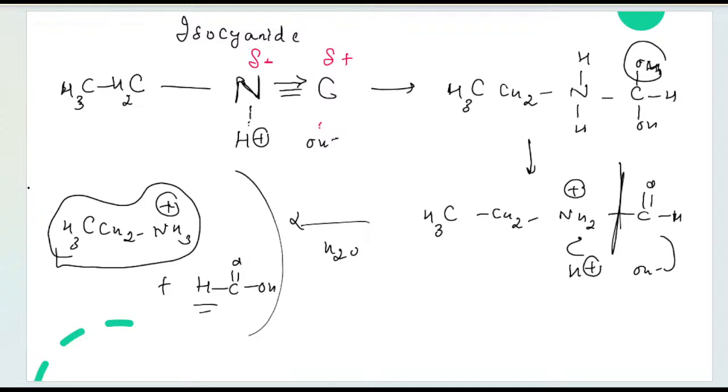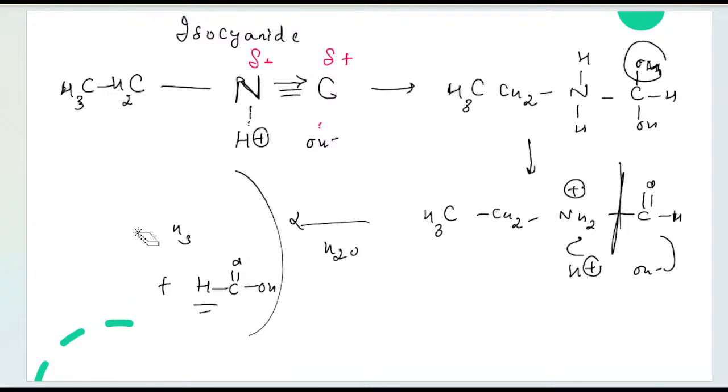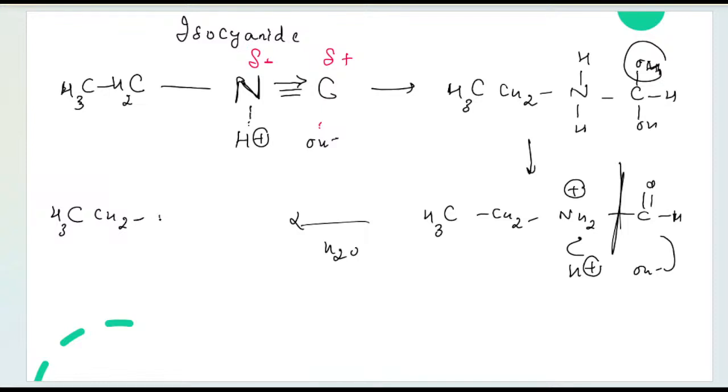That is the ethylamine salt. Let me write the name as well. It's CH3, CH2, and NH3 positive. So what is the name for this? The name is ethylamine salt. Why are we using salt?